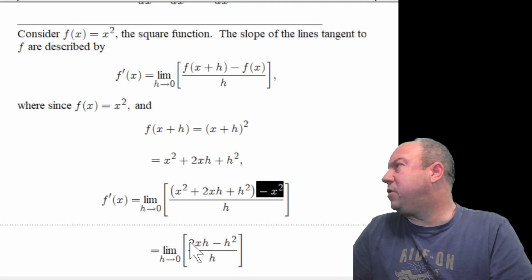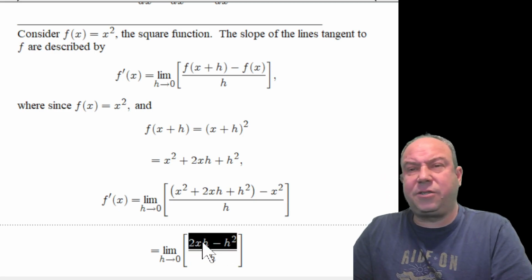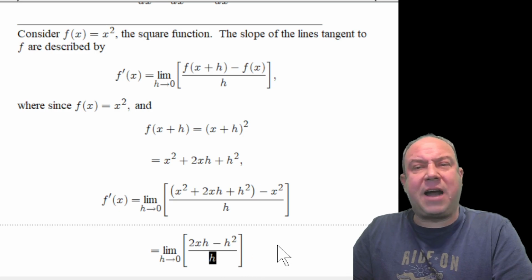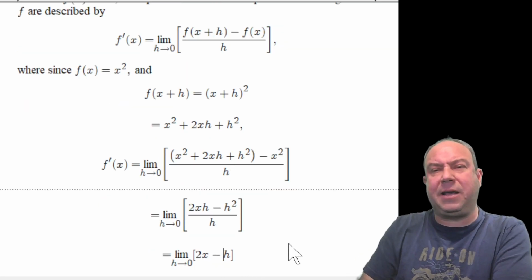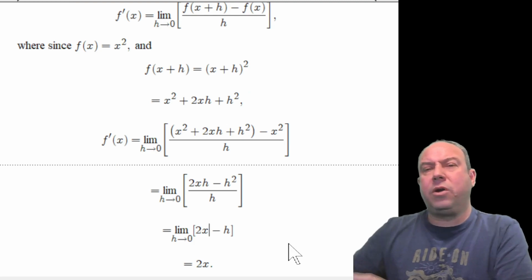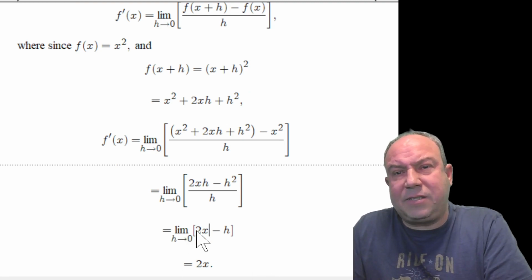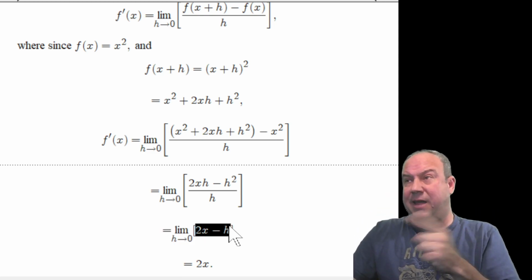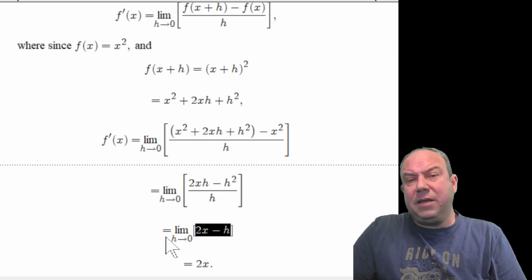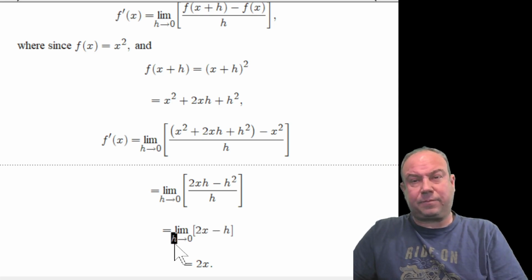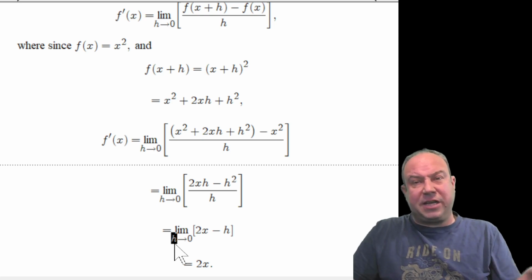We'll be left with 2xh plus h squared, where that common factor of h in each of those terms can be divided out with the h in the denominator, leaving us with 2x plus h. Now we evaluate the limit of this statement, which does have two variables, x and h, but the limit is only interested in the behavior of h alone: the limit as h heads to 0.